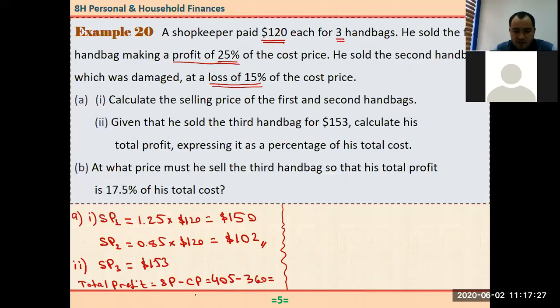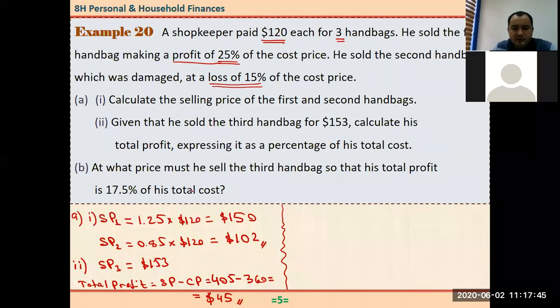So the profit is 45, $45. That is the profit the seller made from selling these 3 bags.